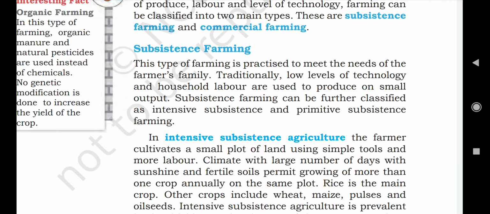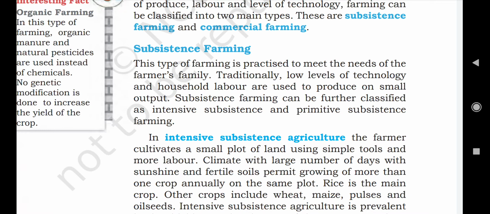Traditionally, a low level of technology and household labor are used to produce a small output. Low level of technology means they are still using some traditional methods of farming.